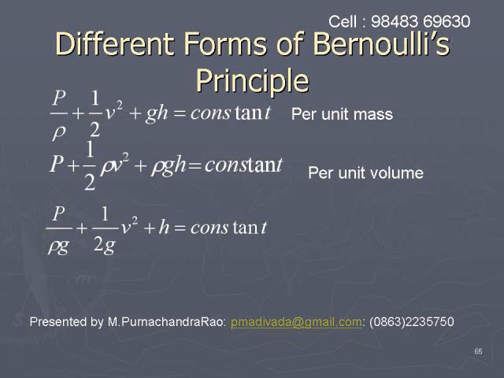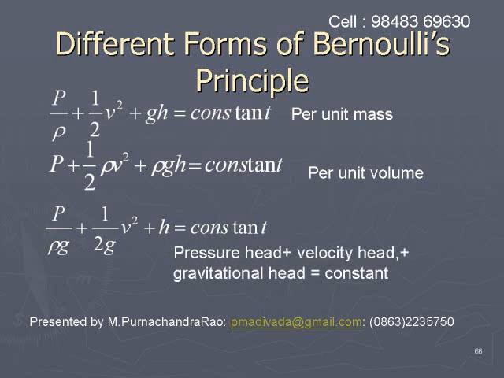That is, by dividing the first equation with g, we get this relation, or by dividing the second equation with rho g, we get P by rho g plus 1 by 2g into V square plus h is equal to constant. This relation is obtained by dividing the first equation with g or the second equation with rho g.